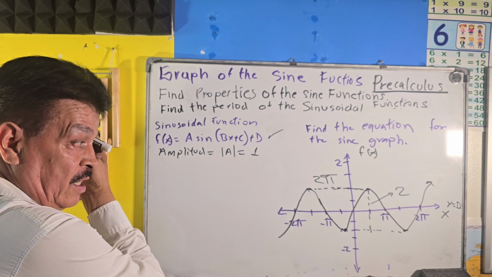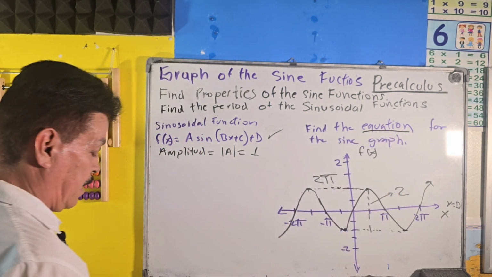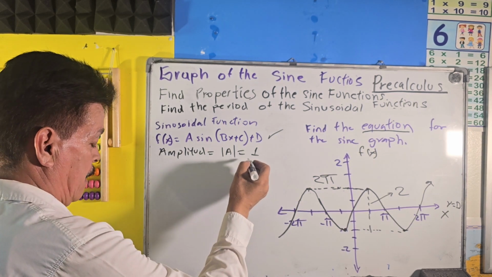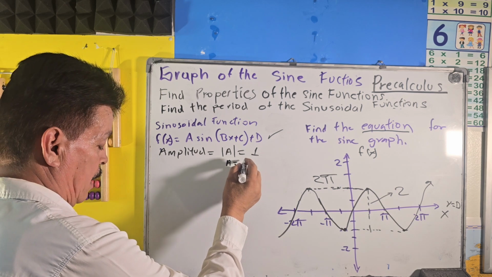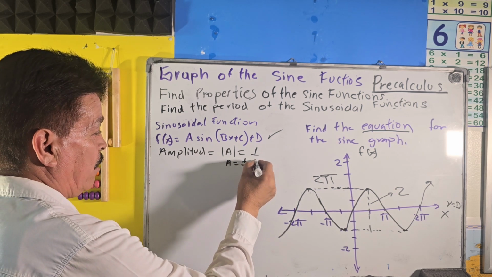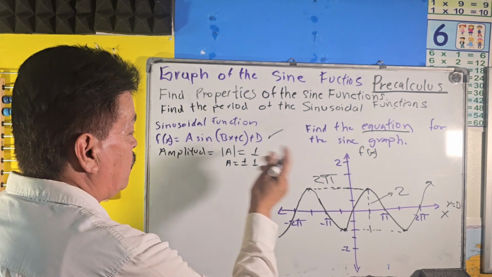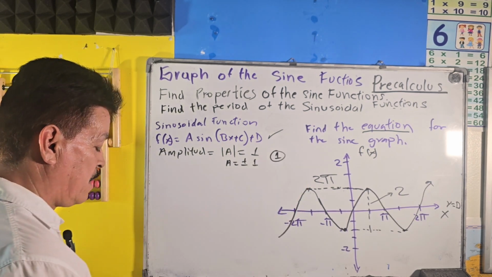We need this information to find the equation. So this means a is equal to plus or negative 1, okay? Plus or negative 1. Now we have to choose 1, positive, all right?